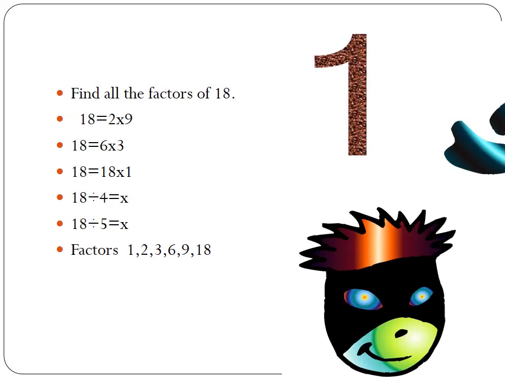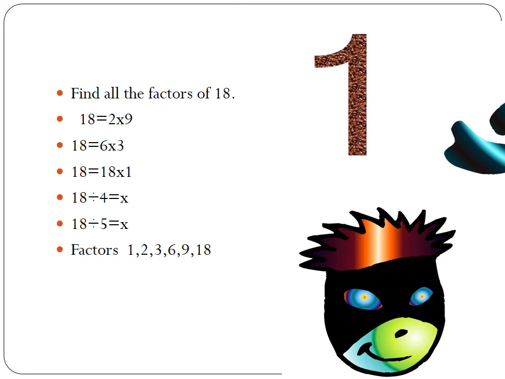Find all the factors of 18. We follow the same method. First you have to write down 18 in multiplication form. 2 nines are 18, 6 threes are 18, 18 ones are 18. Okay? 18 is divisible by 4? No. 18 is divisible by 5? No. Right?